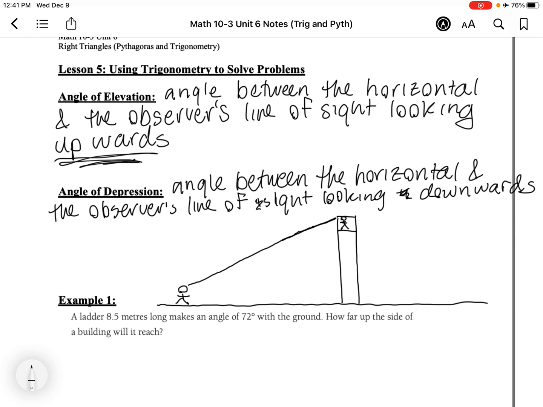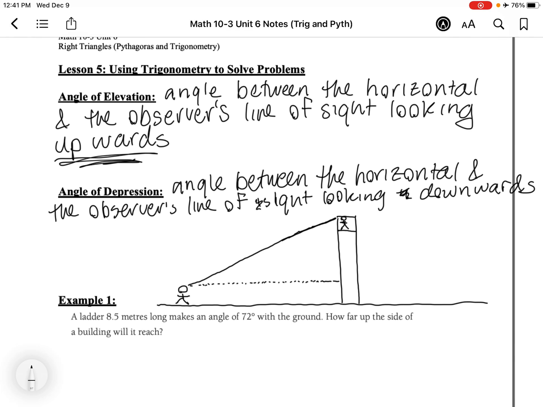Okay, now the angle of elevation is from the person looking up. So that's the person at the bottom, and it's from the horizontal. Now the horizontal actually isn't part of this picture, so we have to draw it in as like a dotted line, an imaginary horizontal from where their eyes would go.